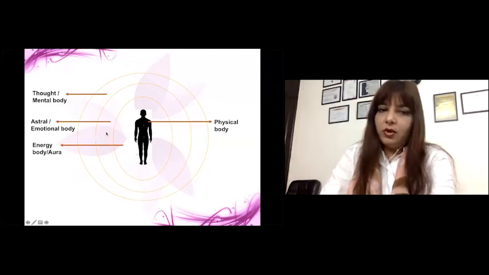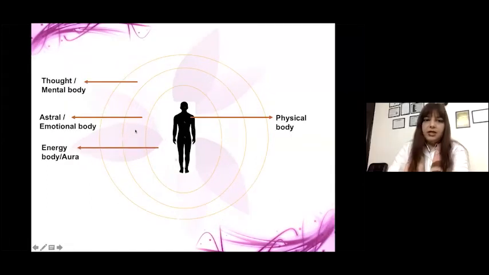Next to the aura or your energy body is your astral body, which is the emotional body. And this outermost body, body number 4, is called the thought body or mental body. So this is the physical body, and all these 3 bodies are subtle bodies, which we cannot see with the eyes. With the eyes, we can only see the physical body.